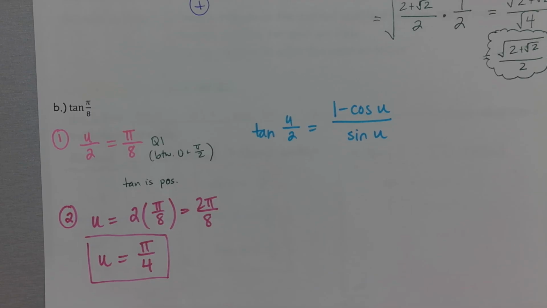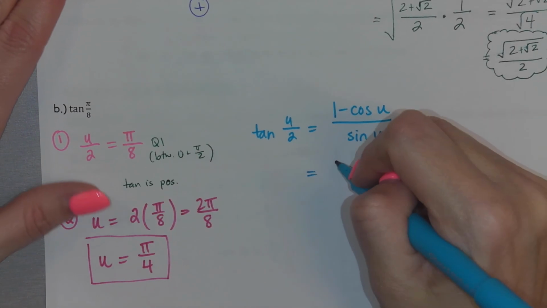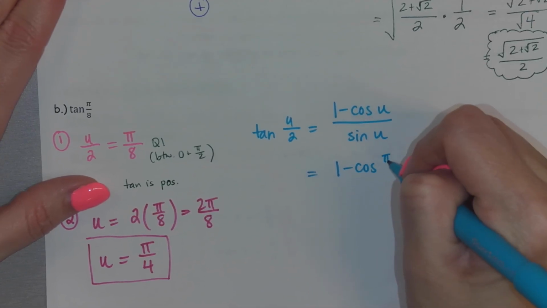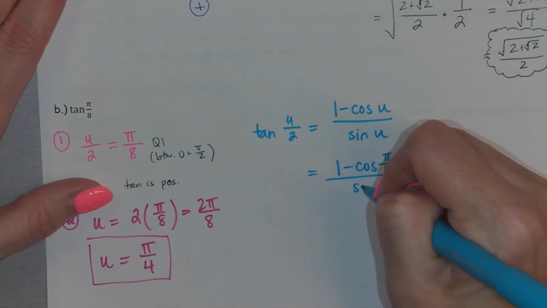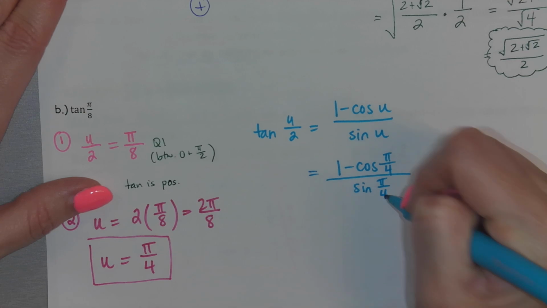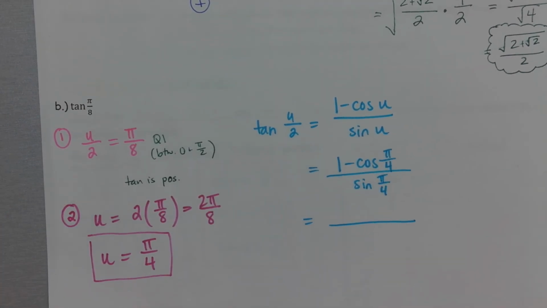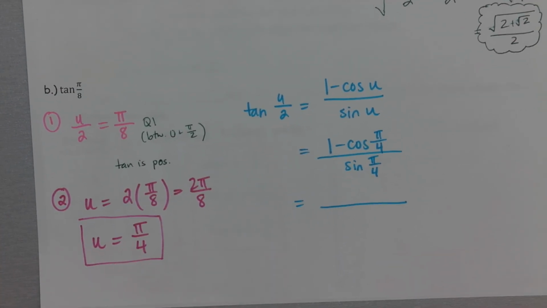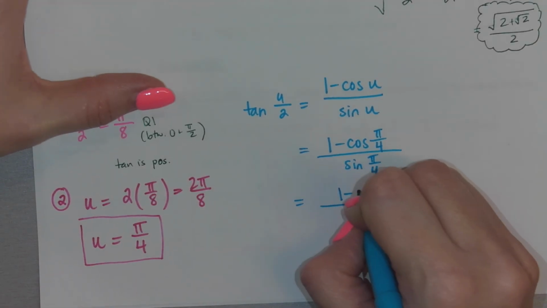So yeah, if we were doing sine or cosine, we would have something very similar to what we had before. This is just a little bit different now. So you have 1 minus the cosine of pi over 4 over the sine of pi over 4. And we know the sine and the cosine are both root 2 over 2.